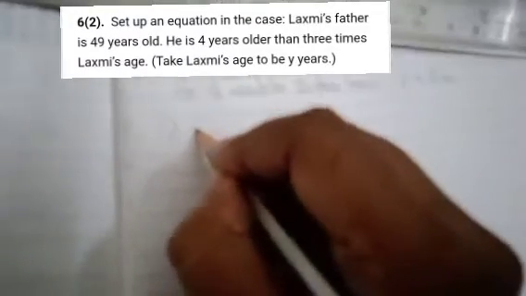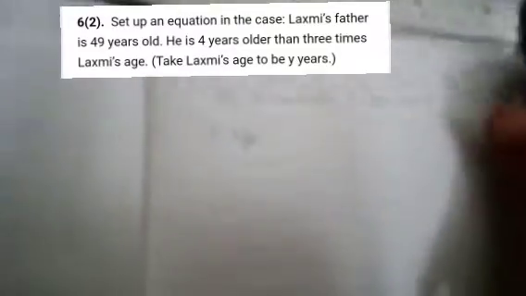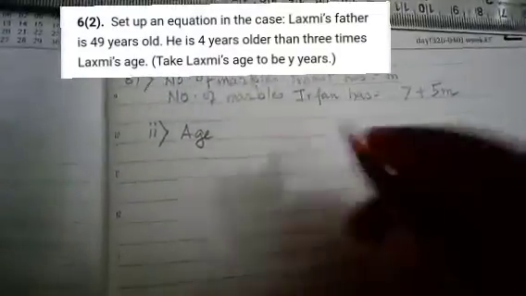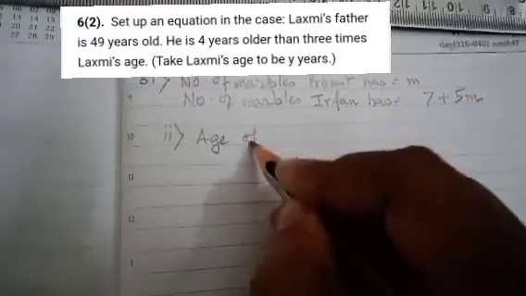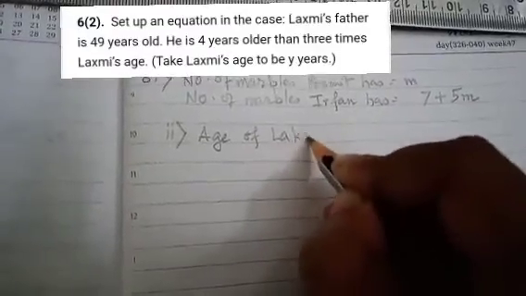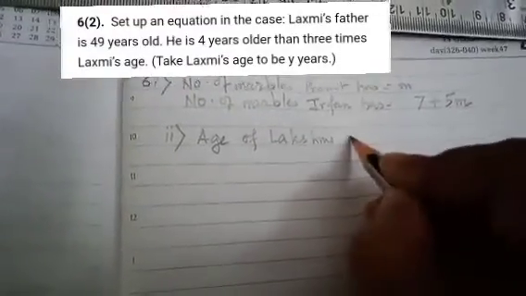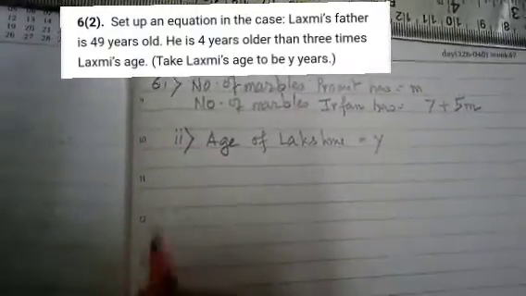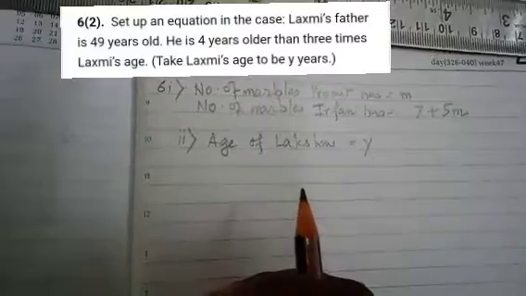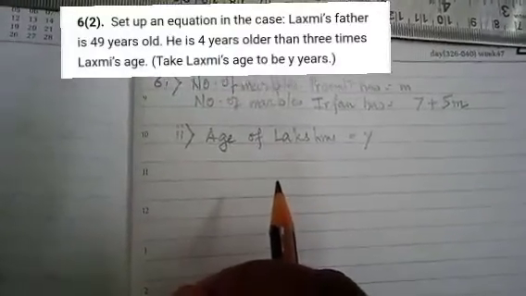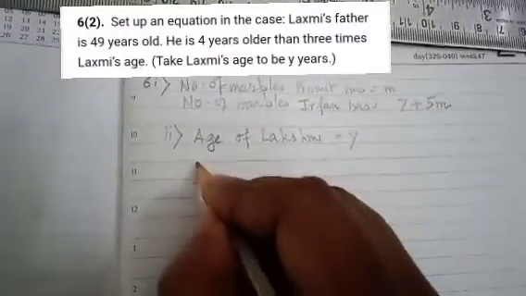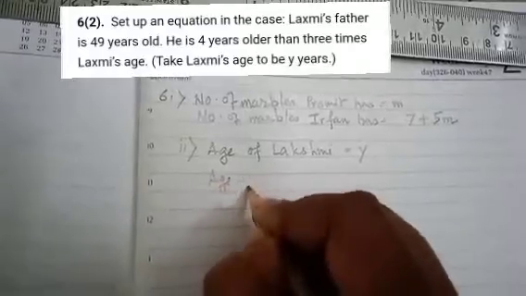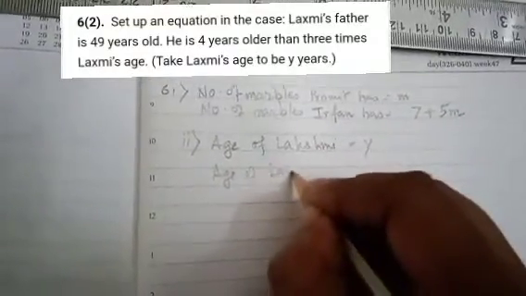So age of Lakshmi is equal to y years. Okay, now I need to find the age of Lakshmi's father.